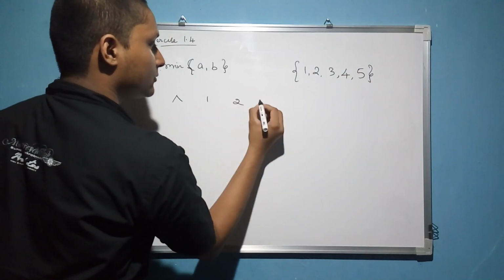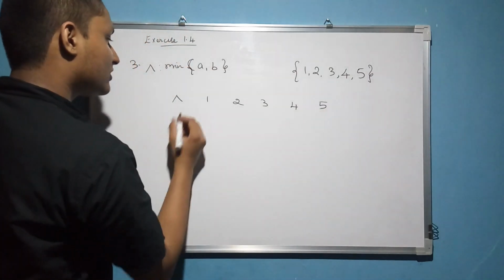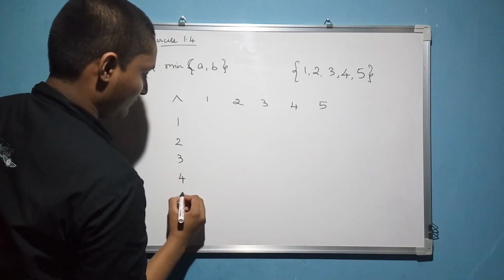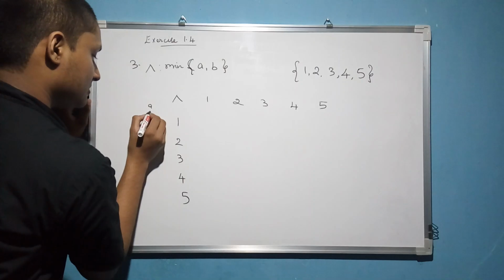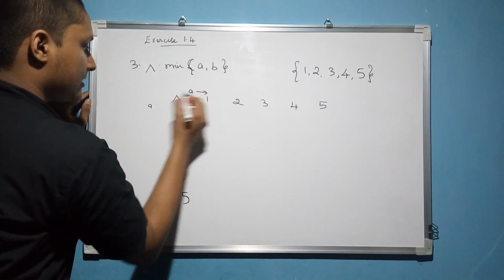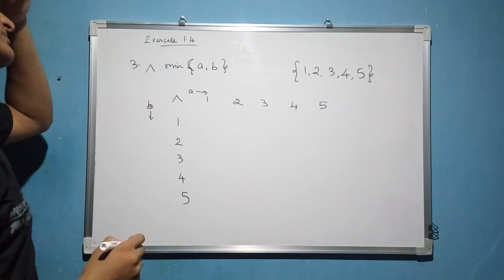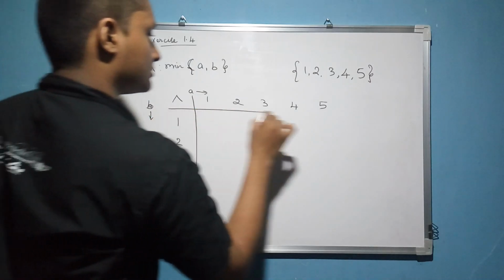So 1, 2, 3, 4, 5. Here I am not going to draw the lines and all, so it will become dirty otherwise. Okay. So now you have, this is A and this is B. This A is horizontal and B is a vertical one. So I'll just draw one line only here.